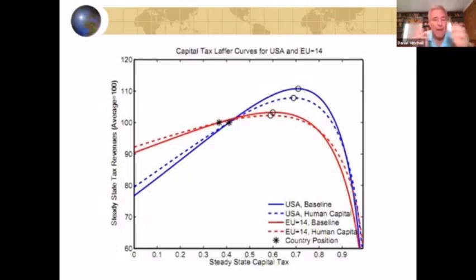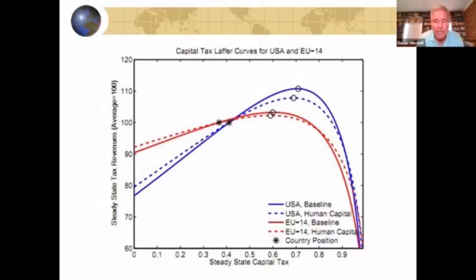Because if you're on the revenue maximizing point on the curve, it implies that you are destroying so much private economic activity, you are reducing private income in the economy so much that your higher tax rate doesn't collect any additional revenue. So it makes no sense economically. If you care about the prosperity of people, it makes no sense to be at the revenue maximizing point at the curve. You want to be at the growth maximizing point at the curve, which of course is much lower.